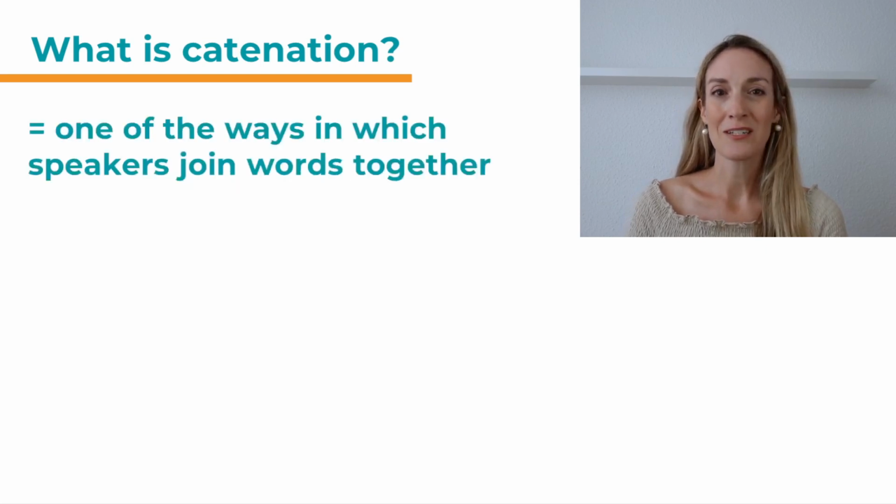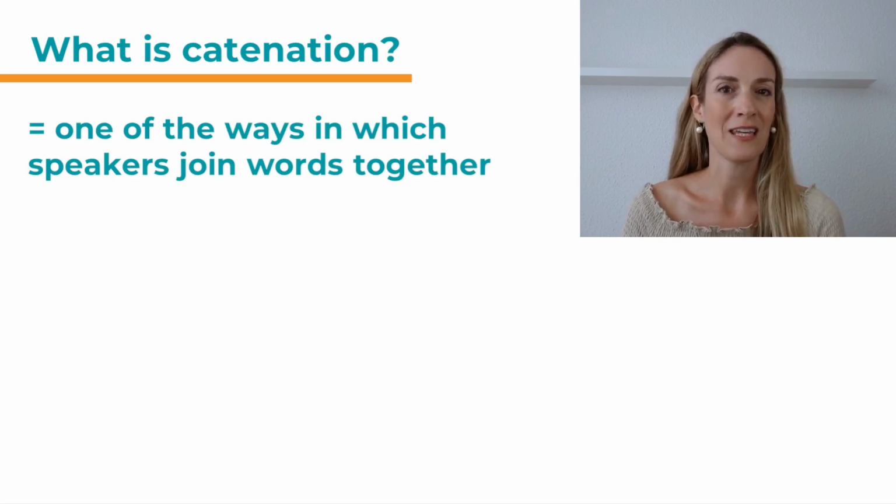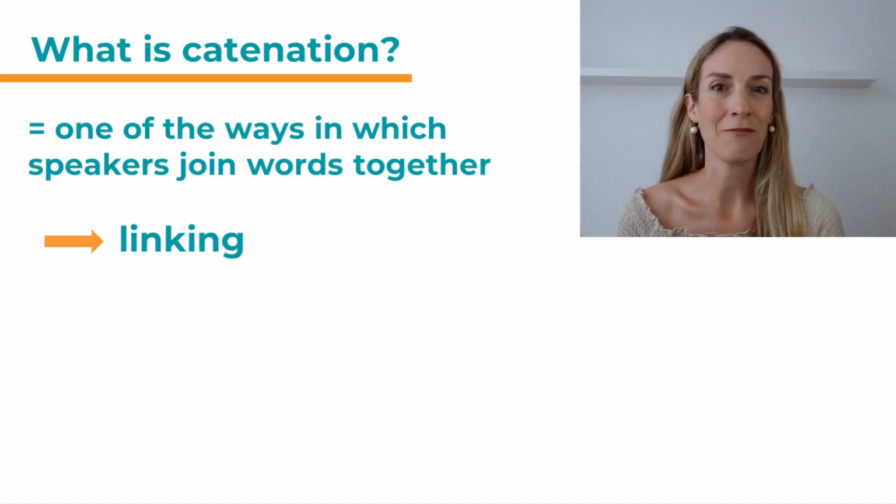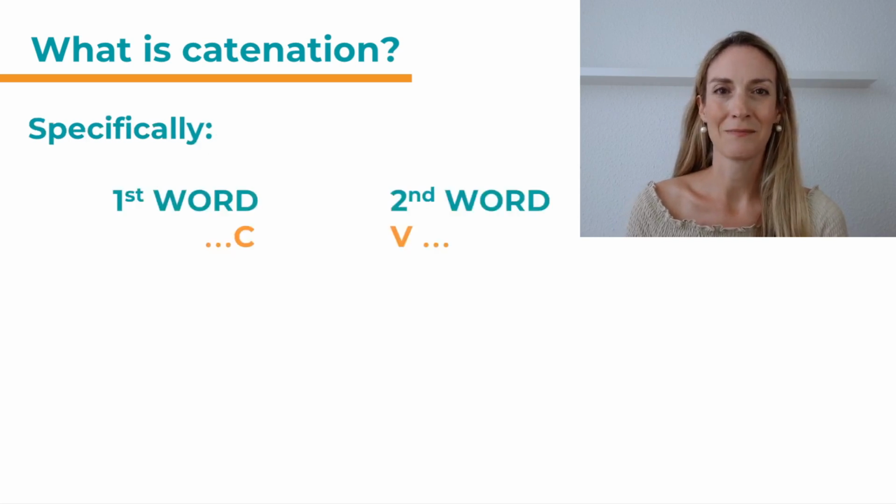So we could define catenation as one of the ways in which speakers join words together. Sometimes we also just call it linking, but we have a lot of different ways of linking, and catenation is a specific form of linking.